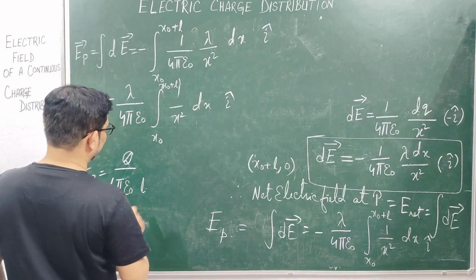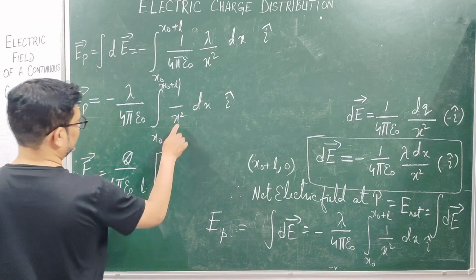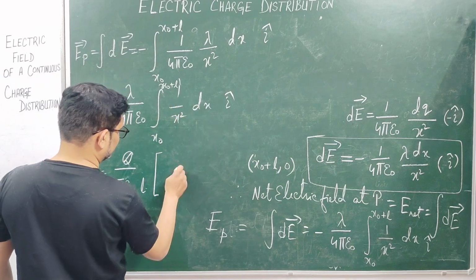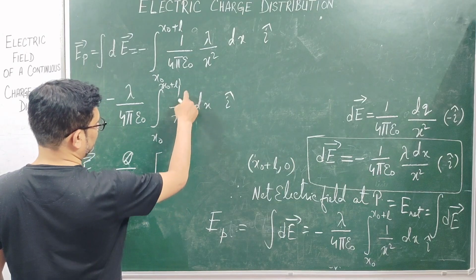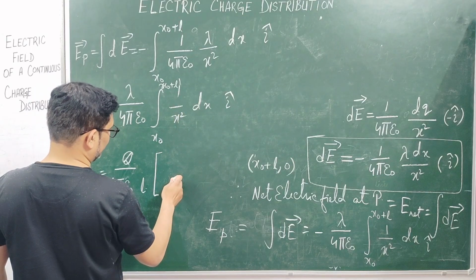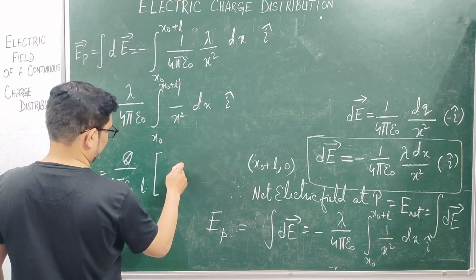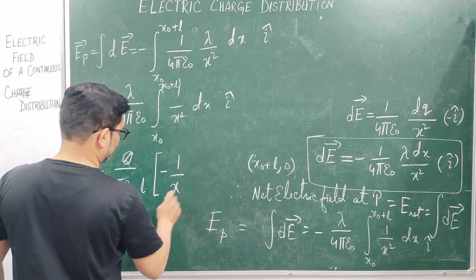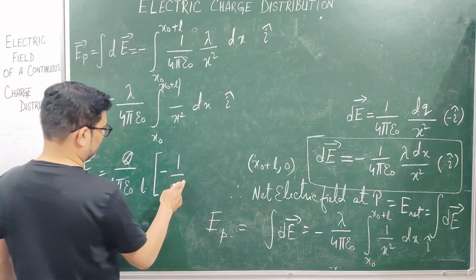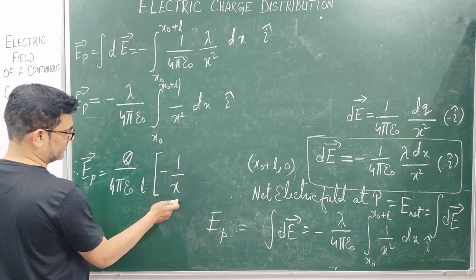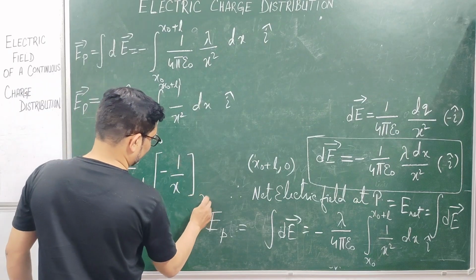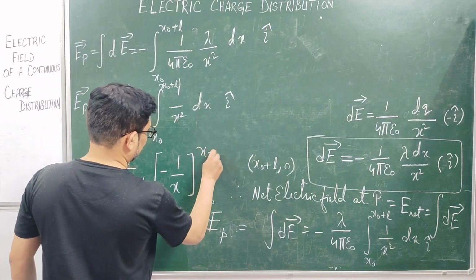L was given in the question, and when you integrate this, 1 by x raised to the power minus 2, right? So it comes out to be minus 2 plus 1, so it is minus 1, and then it comes in the denominator with a minus sign, so it comes out to be x raised to the power minus 1, which is 1 over x, and minus comes here, and then we have the limit x naught plus L.